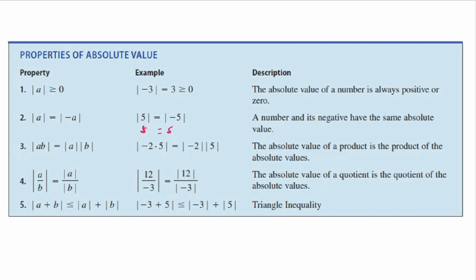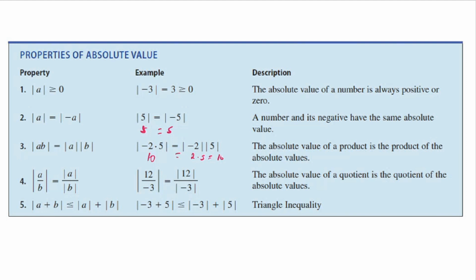Negative 2 times 5 is negative 10, so the absolute value of negative 10 is 10. On this side, the absolute value of negative 2 is 2 times the absolute value of 5, which is 5. Multiplying 2 times 5 is also equal to 10.